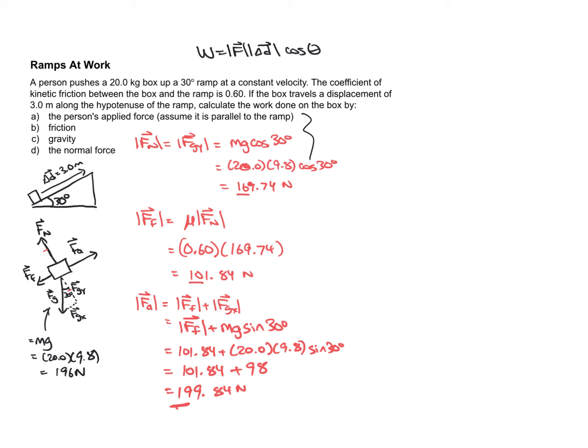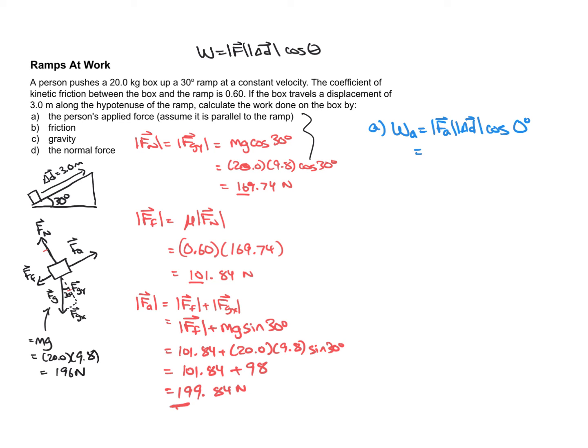The question wants us to do works. So A, the work done by the applied force. Work done by the applied force will equal the applied force times the displacement times cosine of 0 degrees. The applied force and the displacement are pointing in the exact same direction, so the angle is 0 degrees.